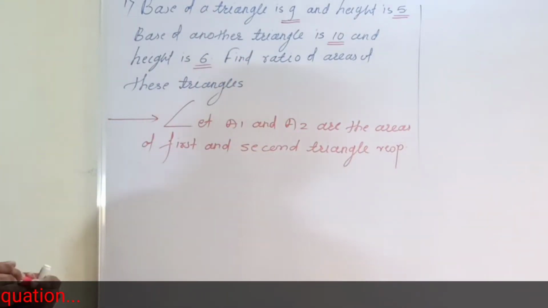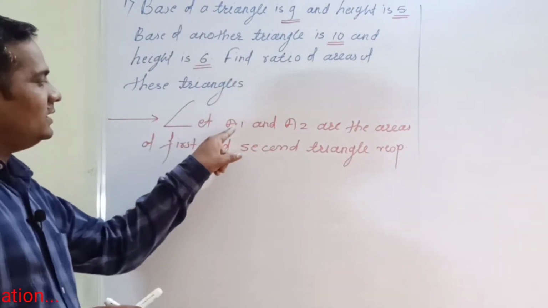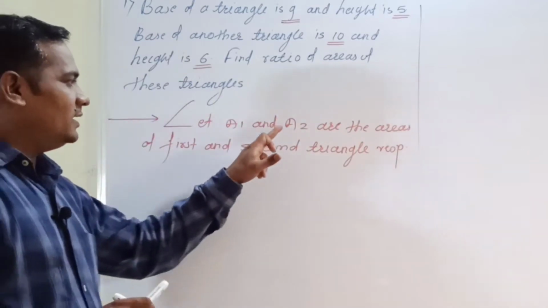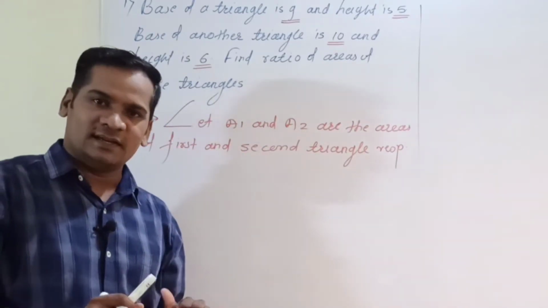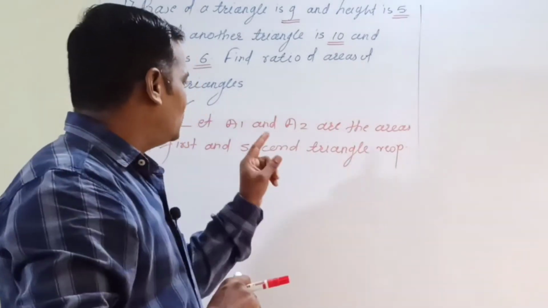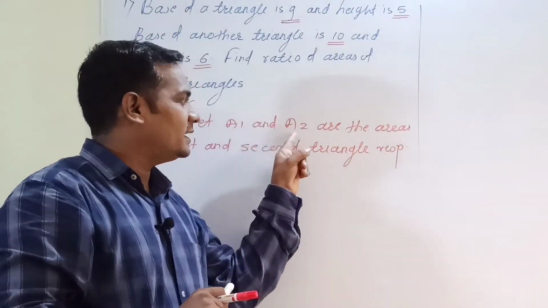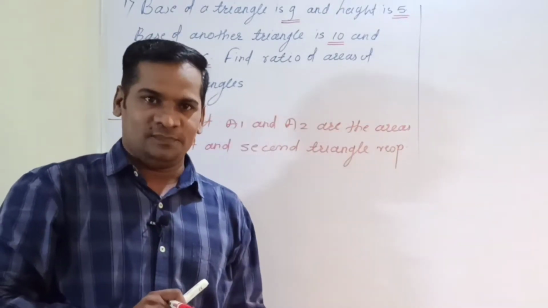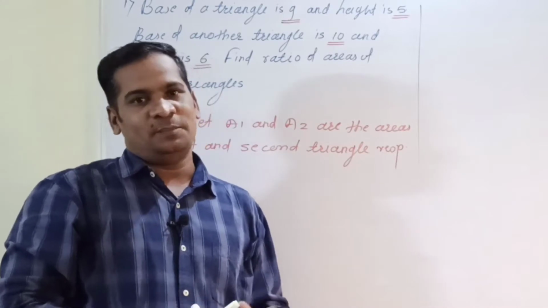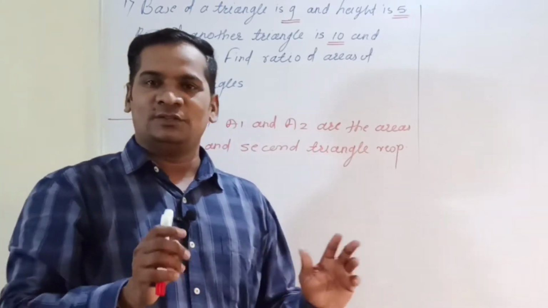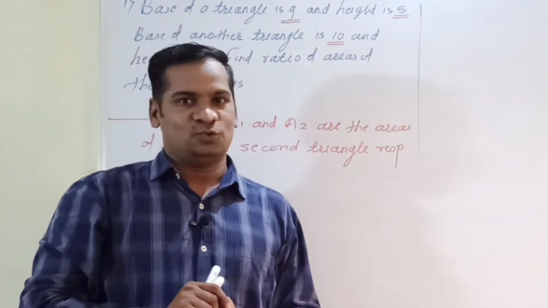So in this way we assume that A1 is the area of the first triangle and A2 is the area of the second triangle. And we have to take the ratio of areas of these two triangles, and we are going to use the first property of ratios of areas of two triangles.